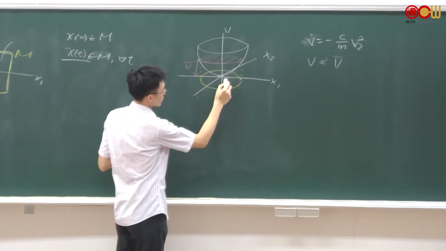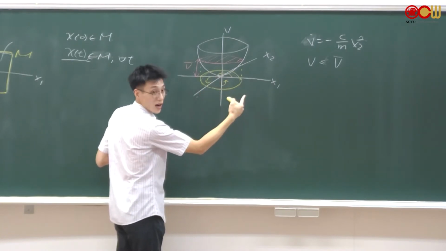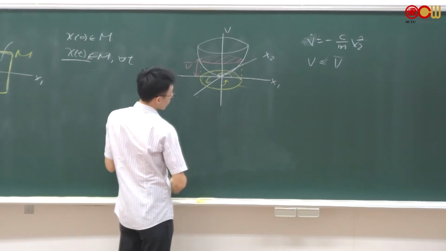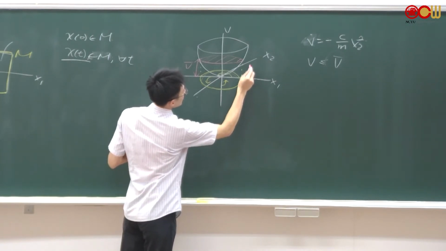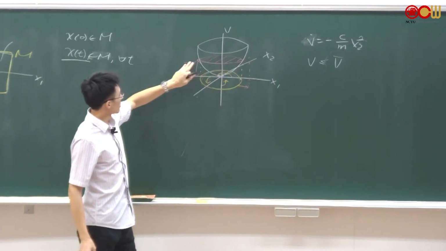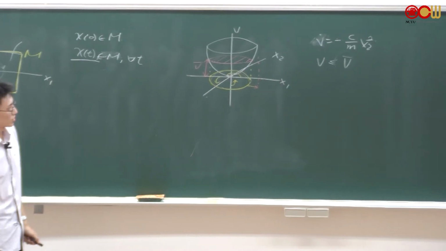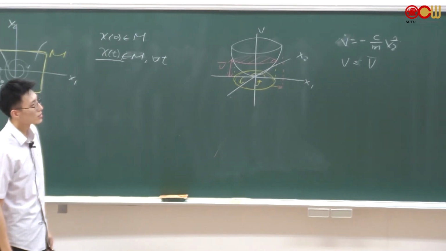Because any x which is in this area cannot go outside this area. Otherwise, if it goes outside, the projection to v will be greater than v bar. When you see this, it means that you can find a corresponding invariant set, okay?